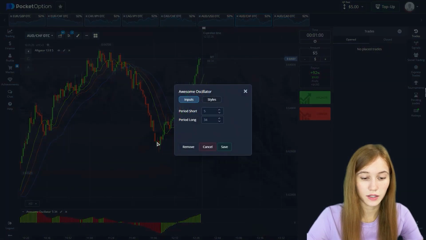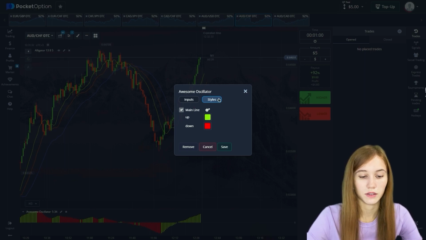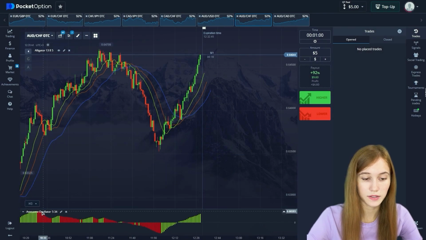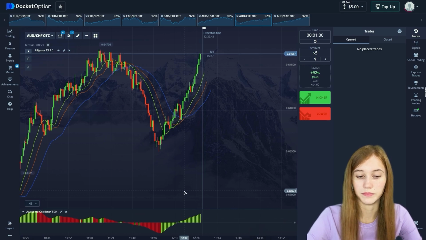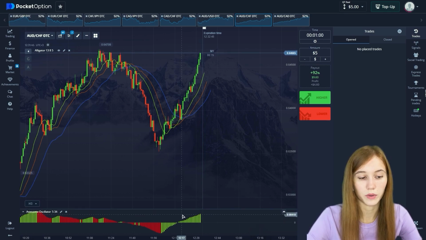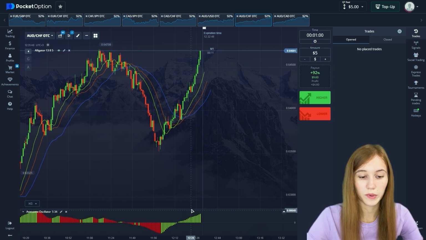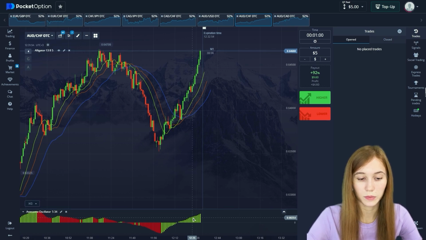And the second indicator, the oscillator, is located at the bottom of the screen. Here are its settings. I won't show it for long. This is an indicator that mirrors the mood of our market. It shows what the market is like at the moment. Thanks to this indicator, you can determine whether the market is bullish or bearish.